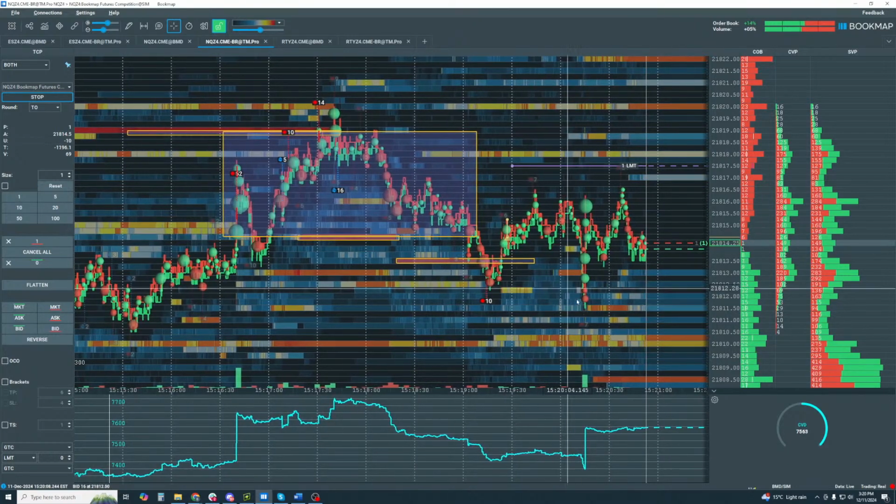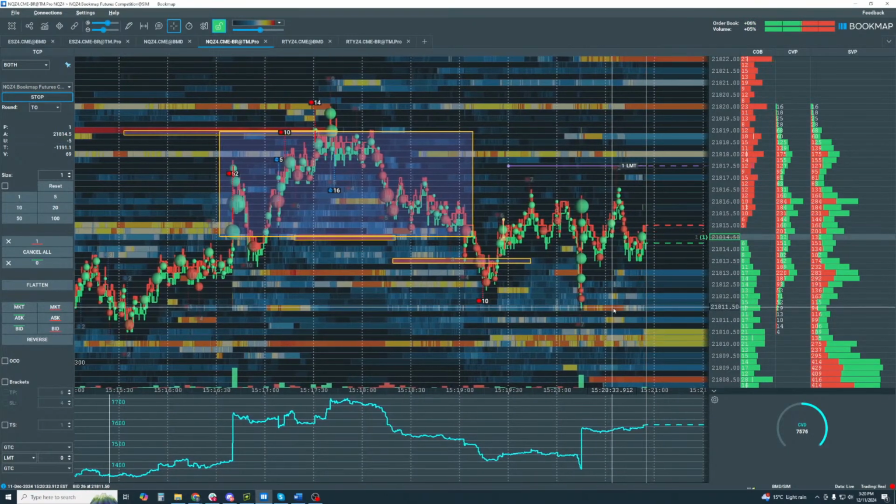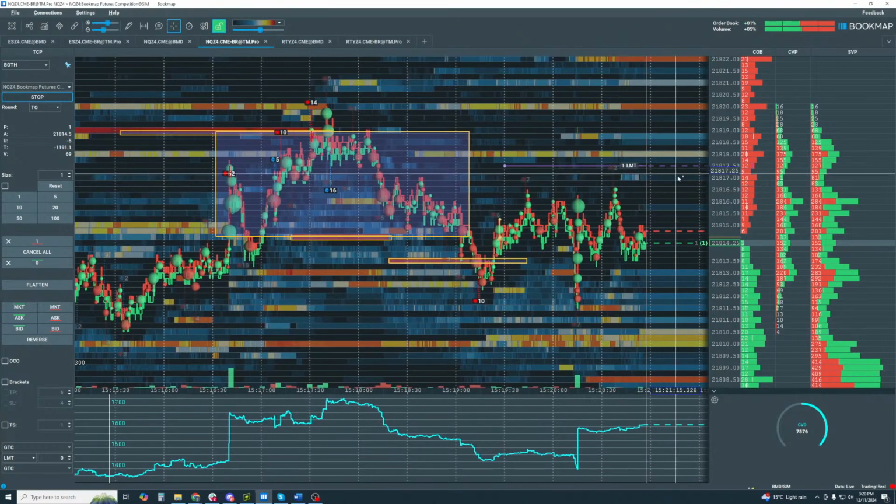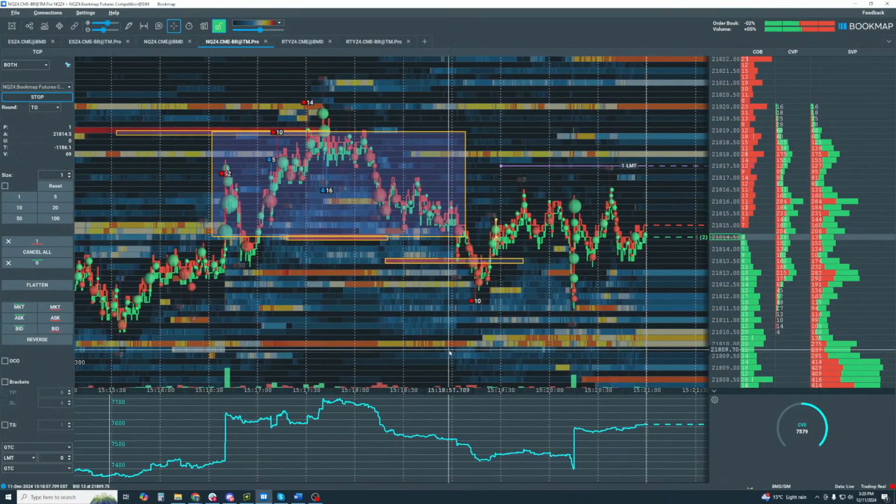It's really sloshing around in here. Buyers are down here at 11. Sellers are still up here on 18. Some coming in at 17 now.